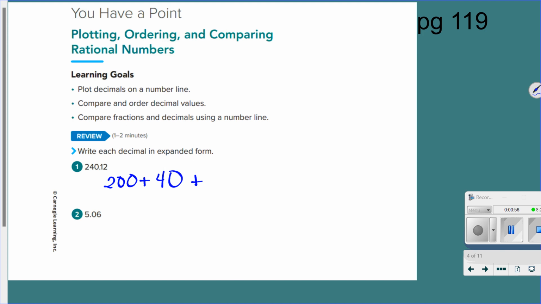Not 12. Who can finish it? 10, but not 10. It's tenths plus 2 hundredths. You're writing it how you say it.